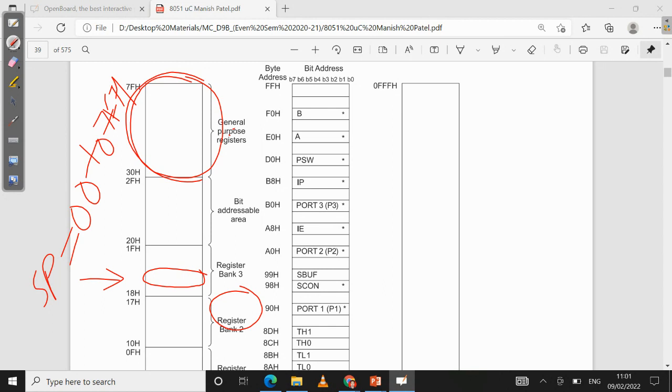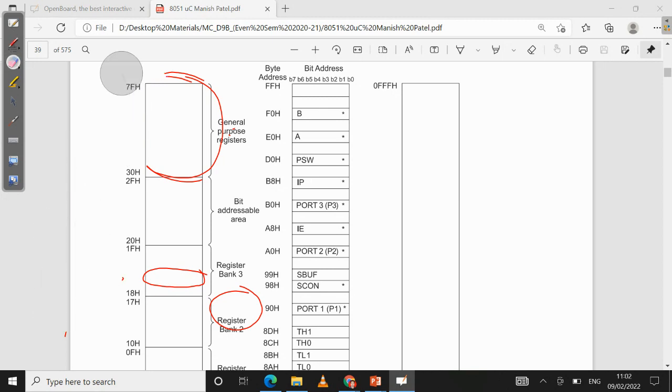But your stack pointer can hold the address from 00 to 7fh. That means the entire internal RAM. And whenever you power on your 8051, your stack pointer by default will hold the address of 07h. That is nothing but R7 register of your register bank 0. That is the meaning of this.